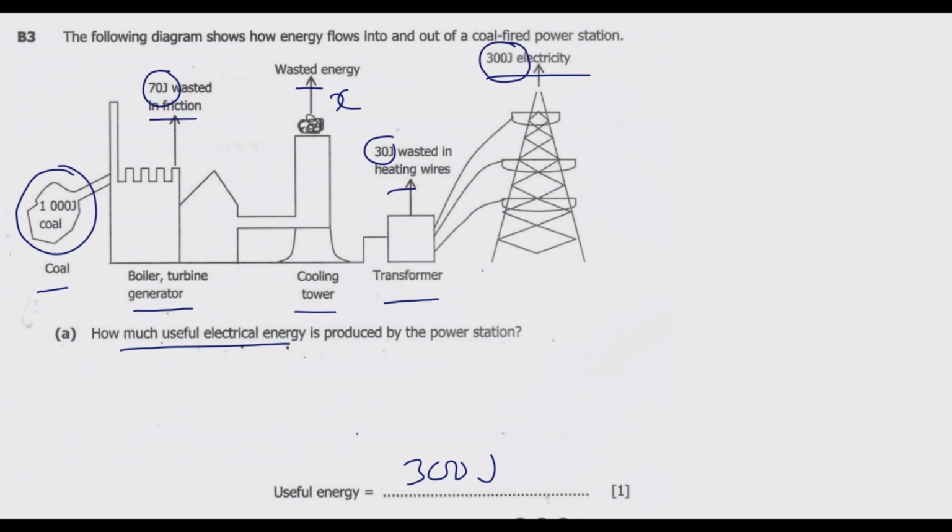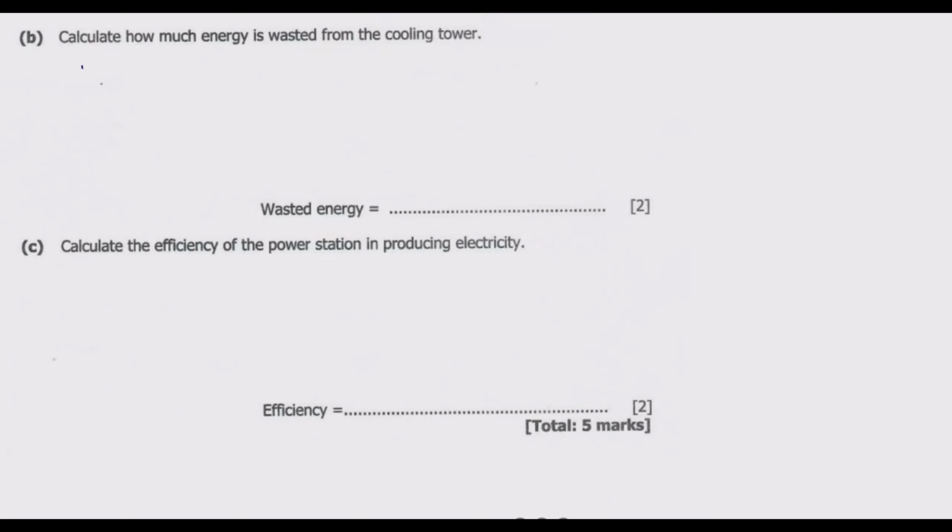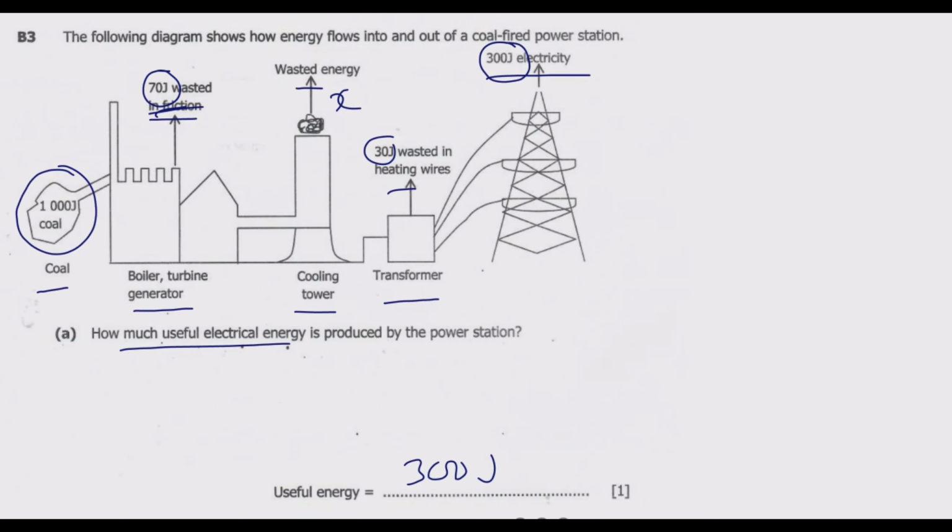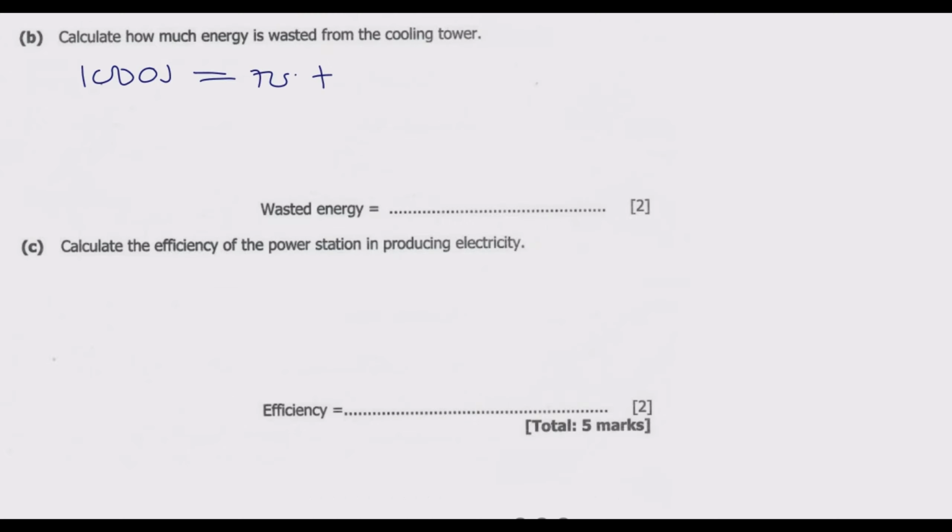So to find X, we just add 70 plus X plus 30 plus 300, which must equal 1000.